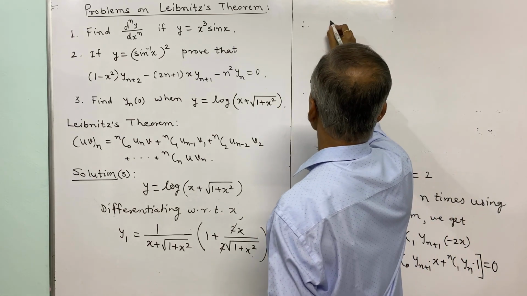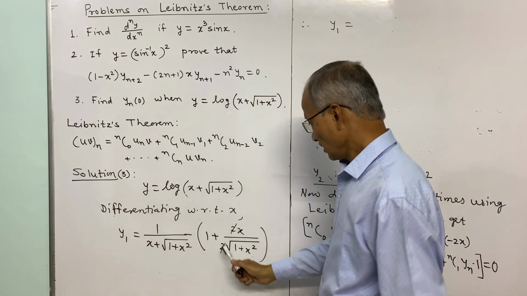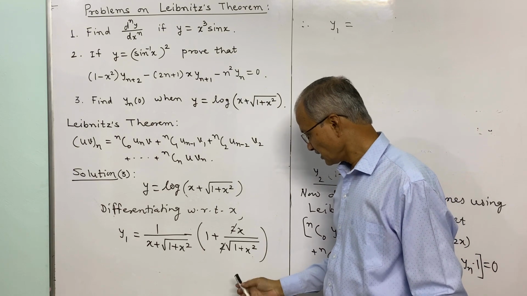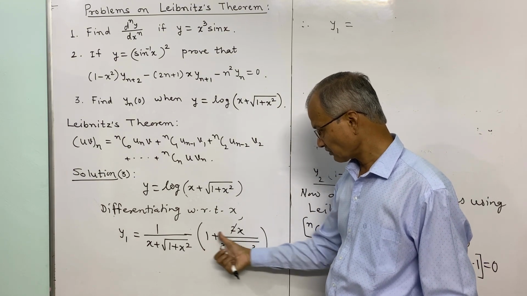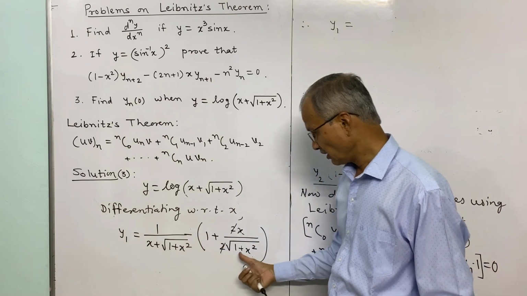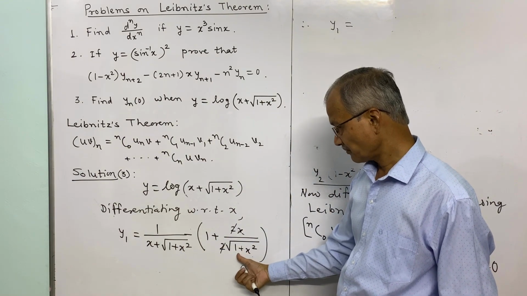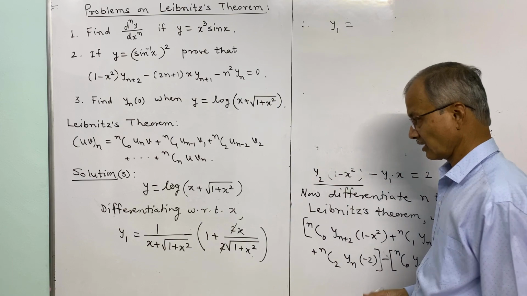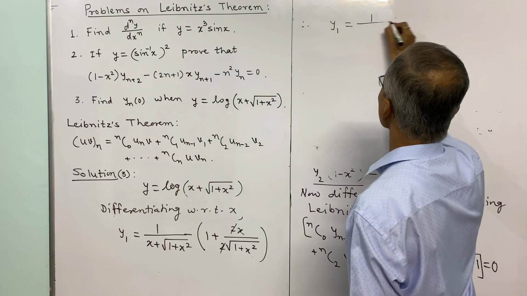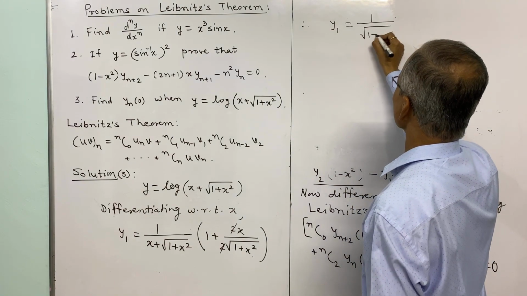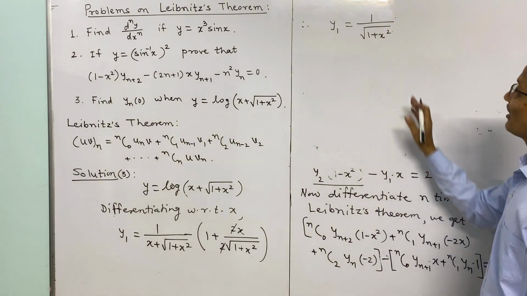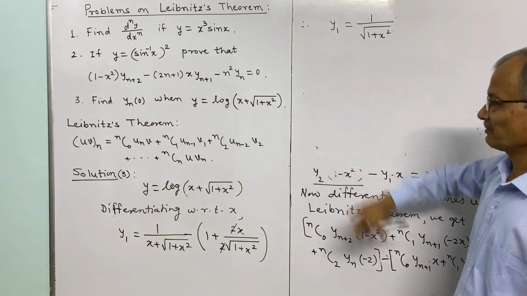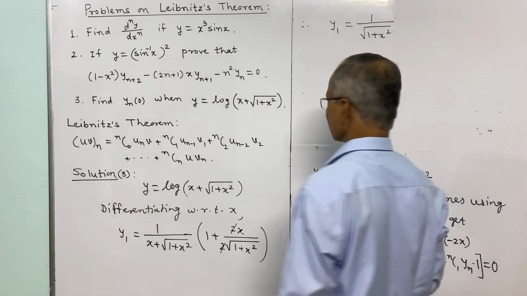So therefore y1 is equal to, see, if you take the LCM as root of 1 plus x square, we have to cross multiply root of 1 plus x square plus x, cancel this, and only root of 1 plus x square remains. So this is 1 divided by under root of 1 plus x square, that is remaining on the right side.